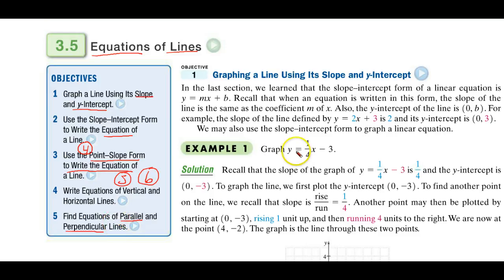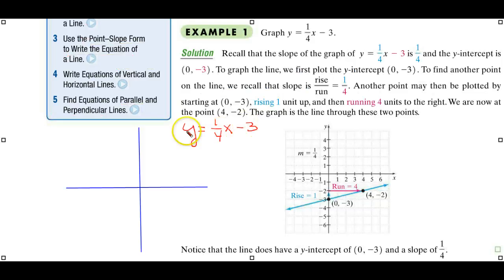Okay, so we're going to jump right into this. We're going to graph this using its slope and its y-intercept. Now, we know this equation is in the form y equals mx plus b.